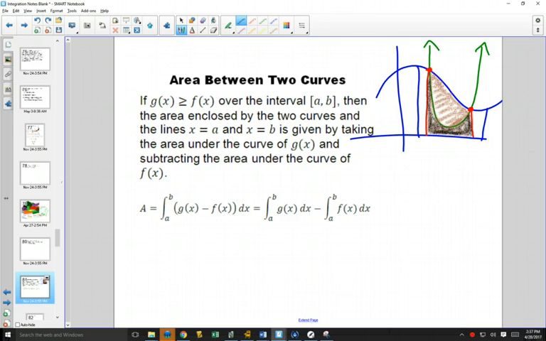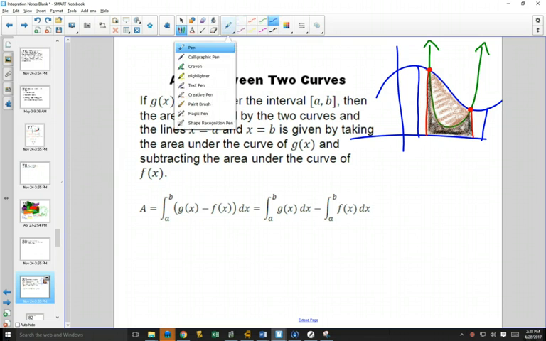So how do I get my area in between the two curves? You just have to take the one area and subtract the other area, and then you get areas of crazy shapes that aren't nice on any sides whatsoever. So that's what it is saying right here.